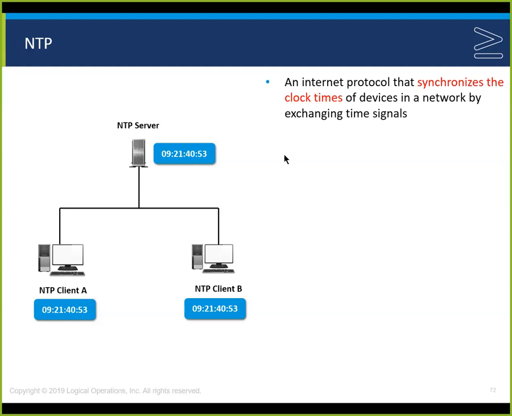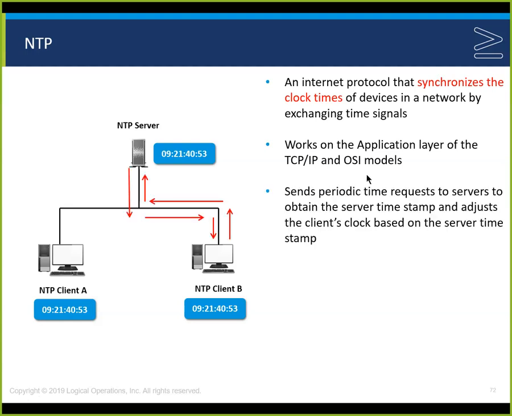So when we do these things, the Network Time Protocol synchronizes the times of the devices by exchanging time signals. It works at the application layer of the TCP/IP-OSI model, sends periodic time requests to servers to obtain the server timestamps, and adjusts the client's clock based on the server timestamp.